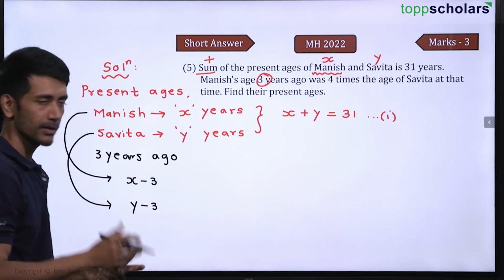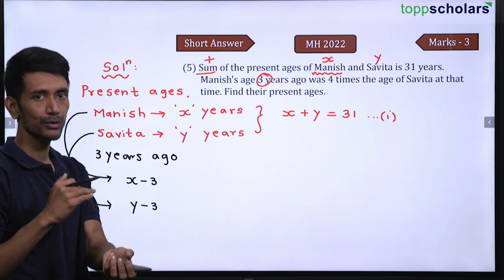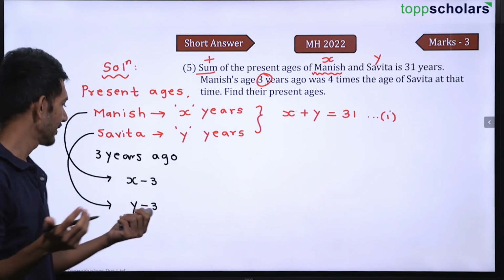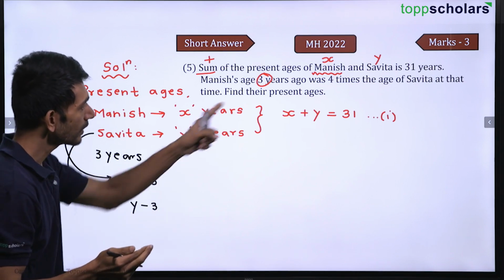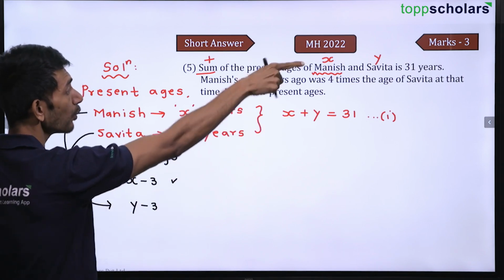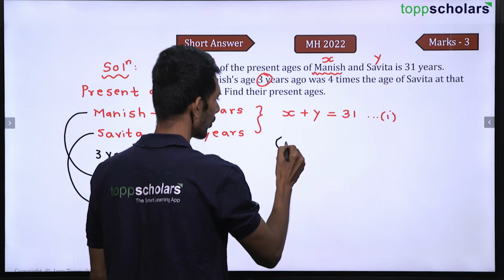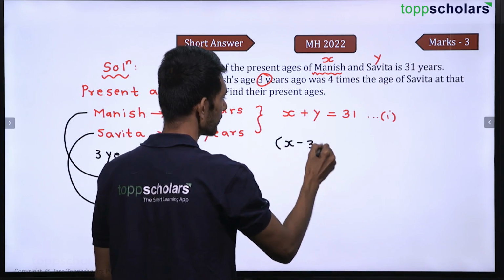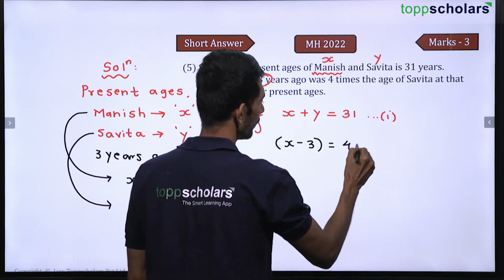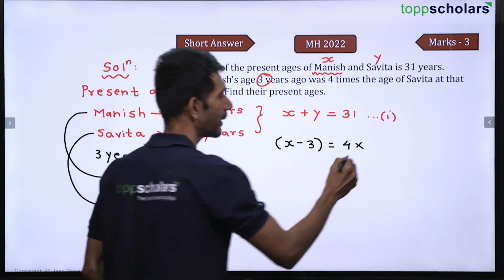If Manish's age 3 years ago is x minus 3, 3 years ago Savita was also younger by 3 years. So her age will be y minus 3. Now the condition says the age of Manish was 4 times the age of Savita. So Manish's age, that is x minus 3, is equal to 4 times, right? Times means multiplication. Savita's age, that is y minus 3.